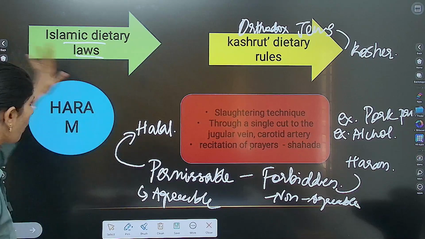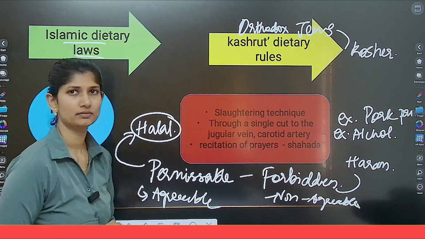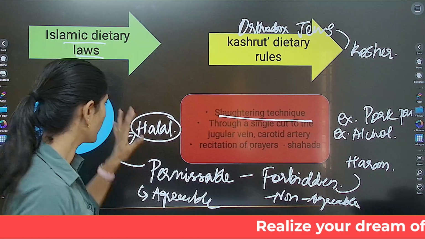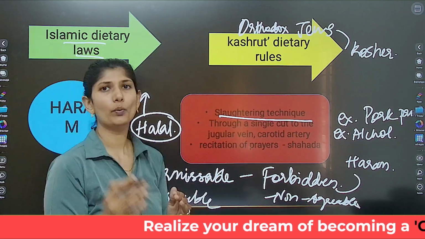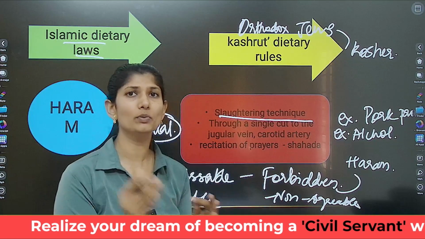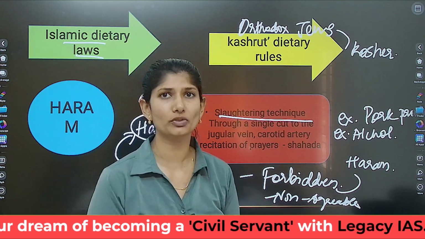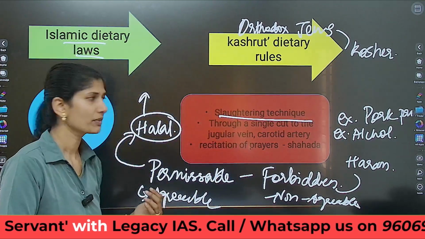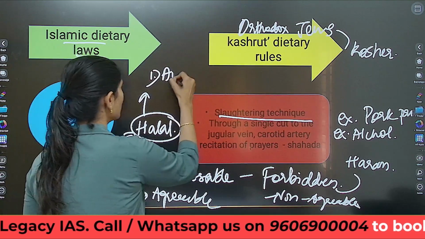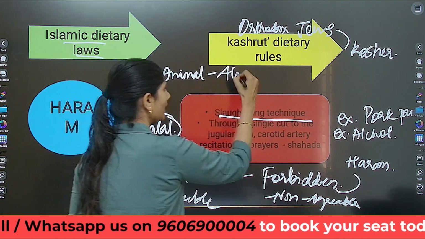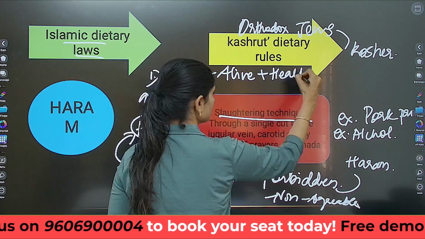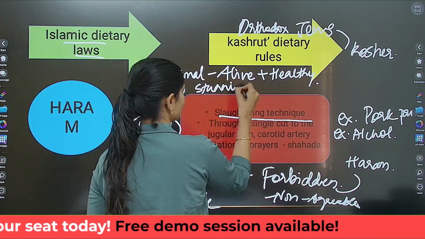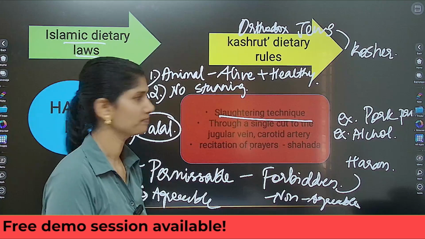Now look at this. What is halal? Halal is nothing but a slaughtering technique, wherein the way the meat is cut or the animal is killed, or how the meat is procured and processed, all of this has a procedure. According to halal, first and foremost, the animal must be alive and healthy. No stunning is allowed, that is, killing the animal beforehand.